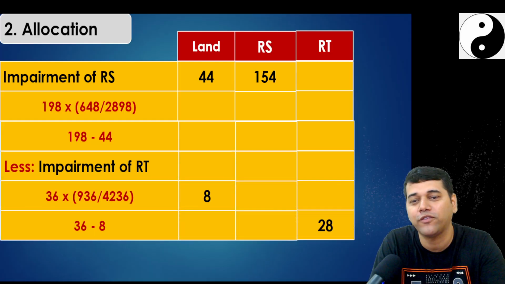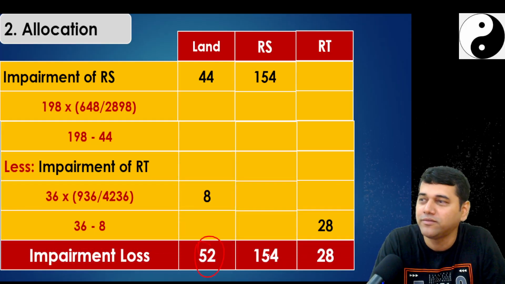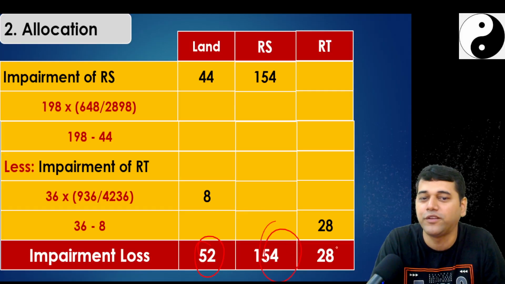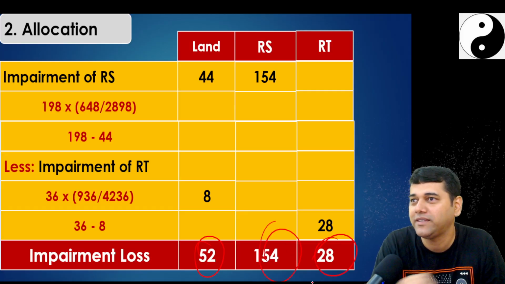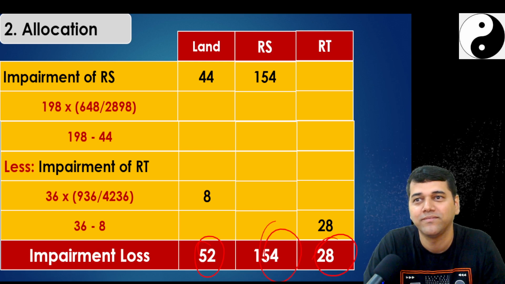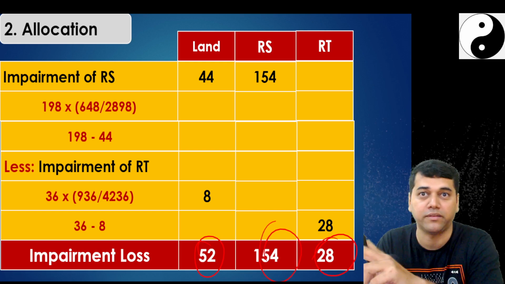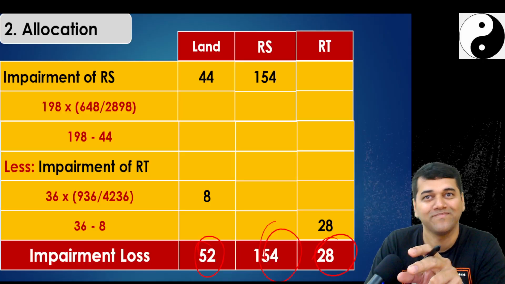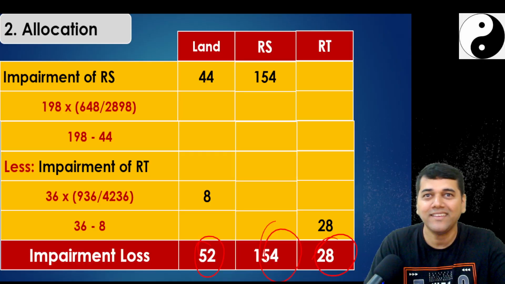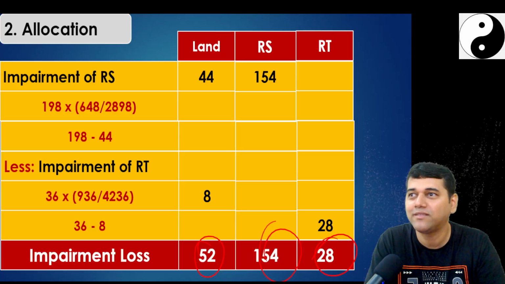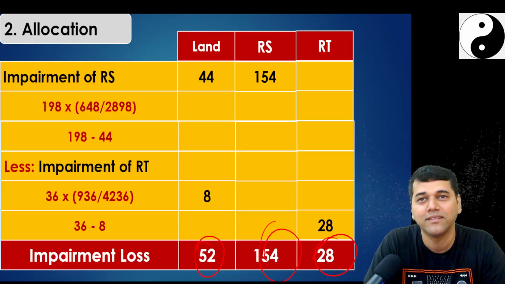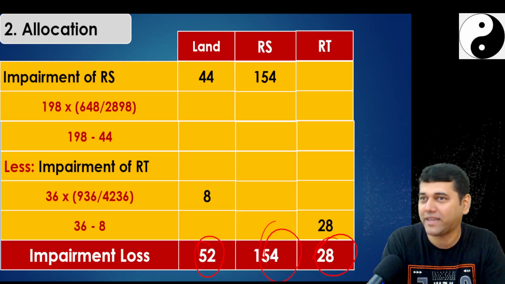Okay, now going forward, did you get this 152? No. 154? No. 28? No. But everybody would have got the same answer. Then somebody will come and say, what is this ICA doing? See, everybody got a correct answer.